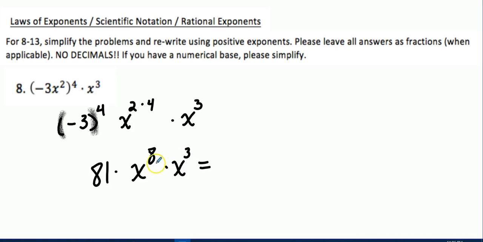And this last step, when I multiply the same variables, I add the exponents, so I get 81 times x to the 11th, and again, that came from the 8 plus 3. So my final answer, 81x to the 11th.